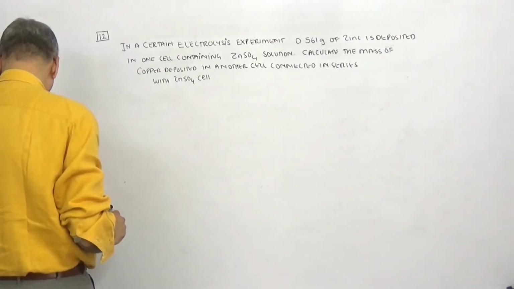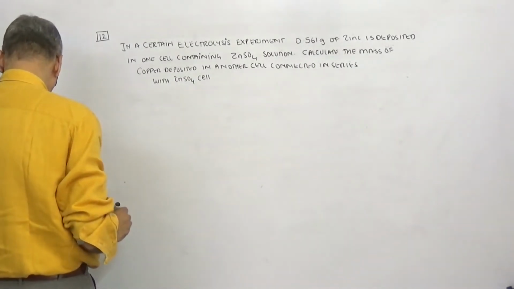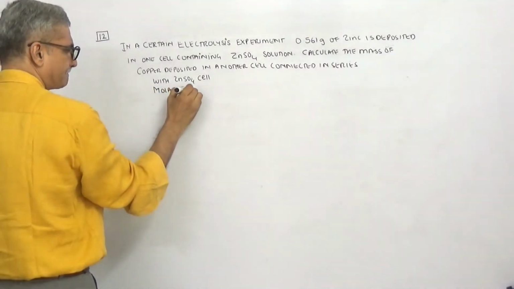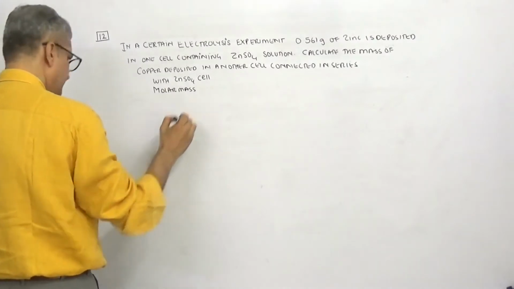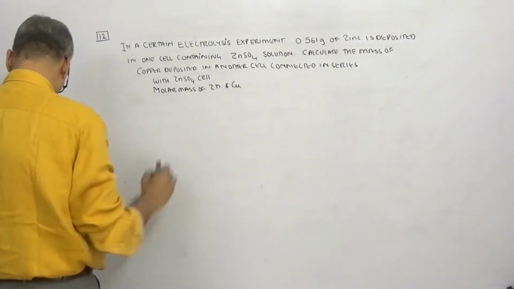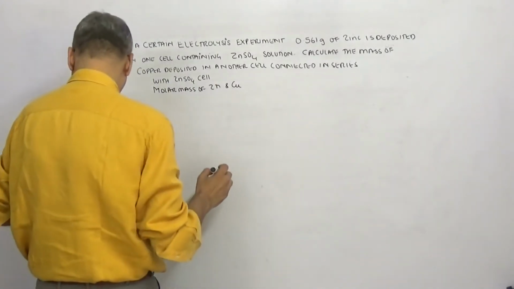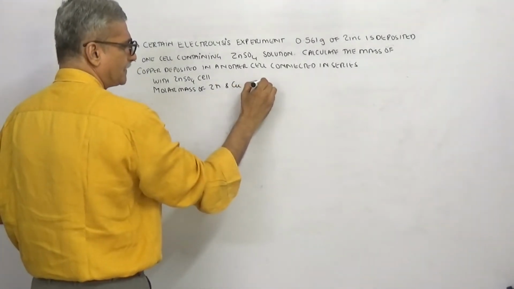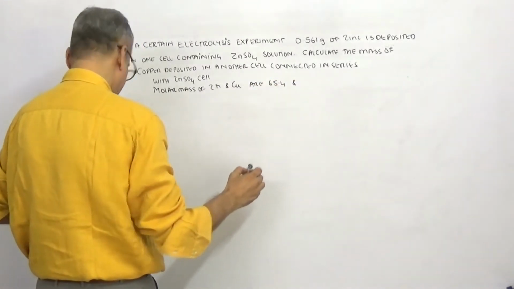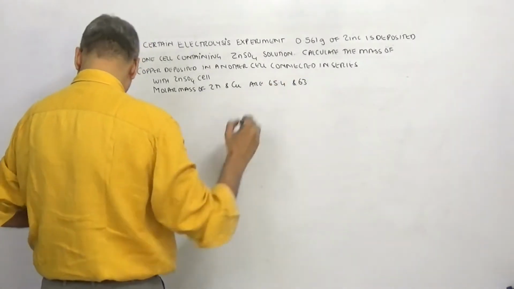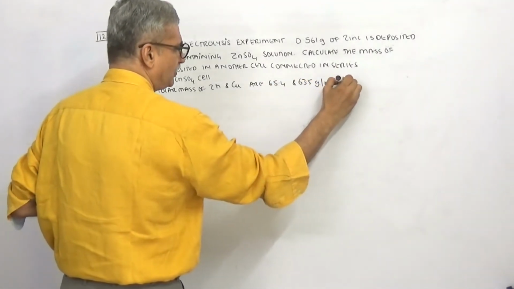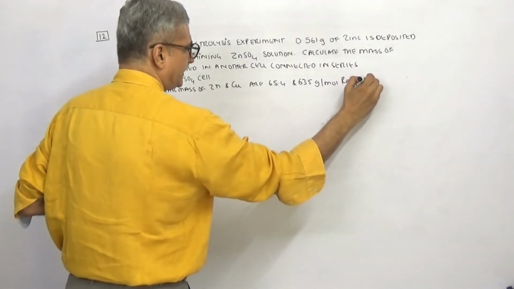What have they given? Molar mass of zinc and copper are 65.4 and 63.5 gram per mole respectively.